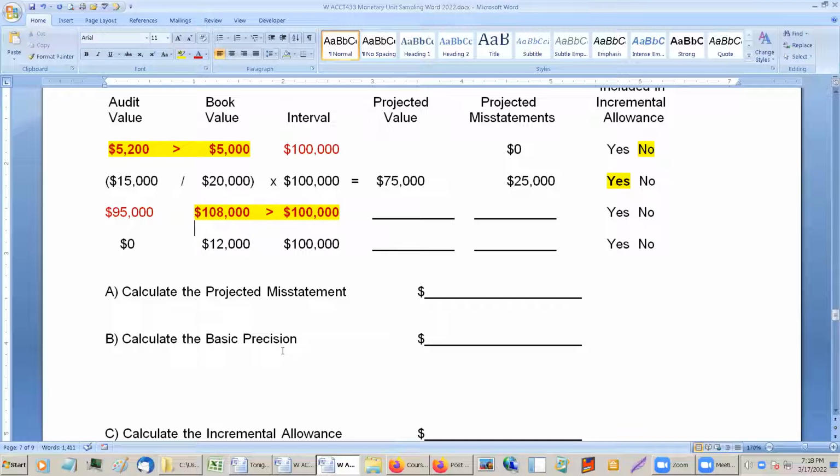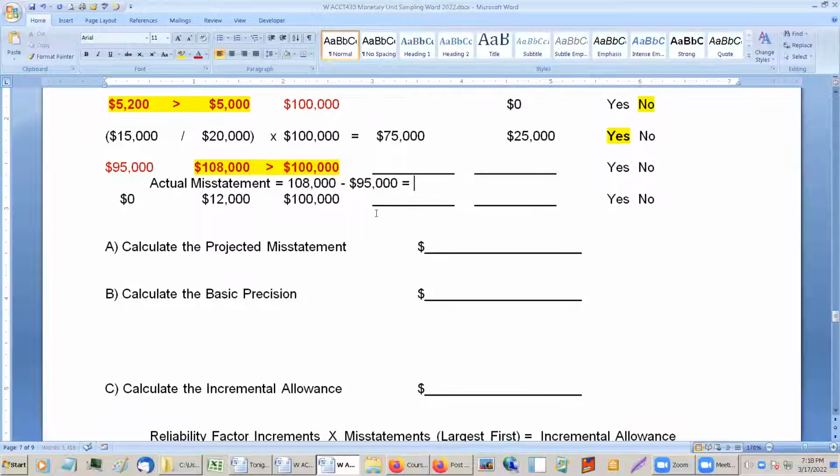It's the actual misstatement. Yep. So the actual misstatement equals 108,000 minus 95,000, and that equals 13,000.